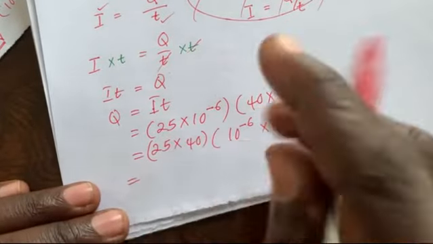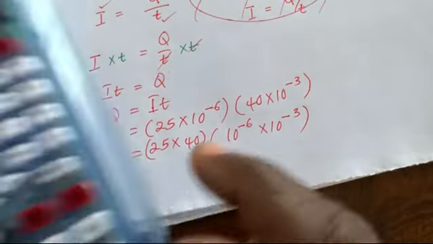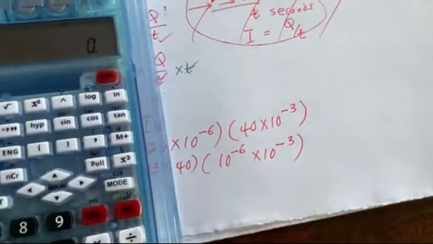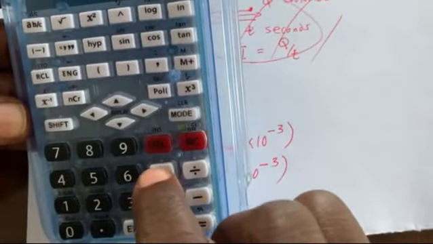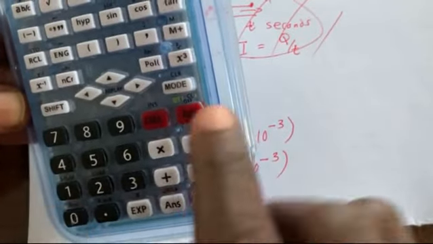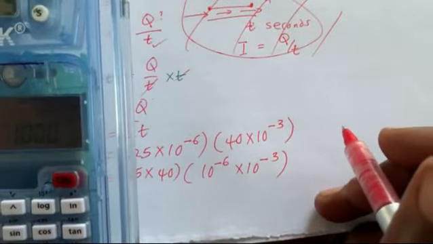Now bring your calculator and press 25 times 40, press the equality sign, and you see your answer is 1000.